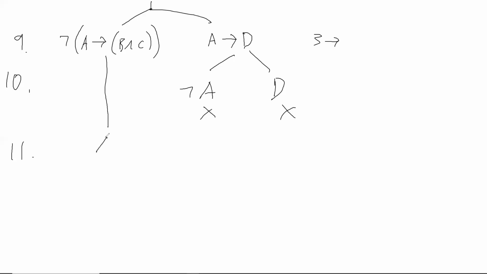So we have A here, not B and C. Oh, sorry, this is obtained from line 9, additional line, and each of these are obtained from line 9 by a negated conditional.